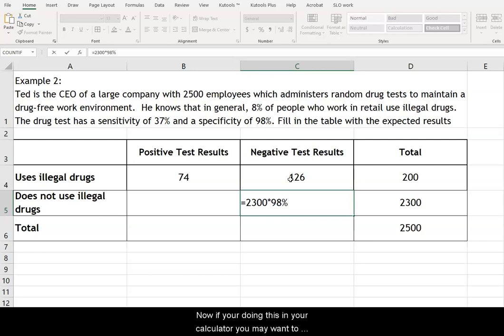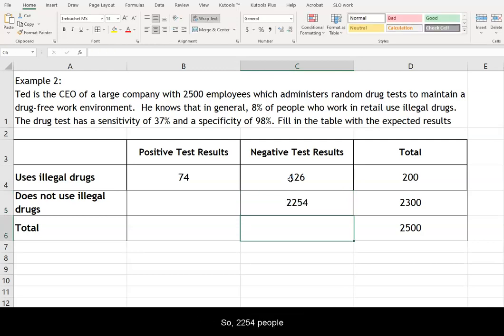Now, if you're doing this in your calculator, you may want to convert 98% to 0.98. So you don't have to find the percent symbol in your calculator, but just be careful when you're putting that in. Okay, so 2,254 people have those negative results and do not use.